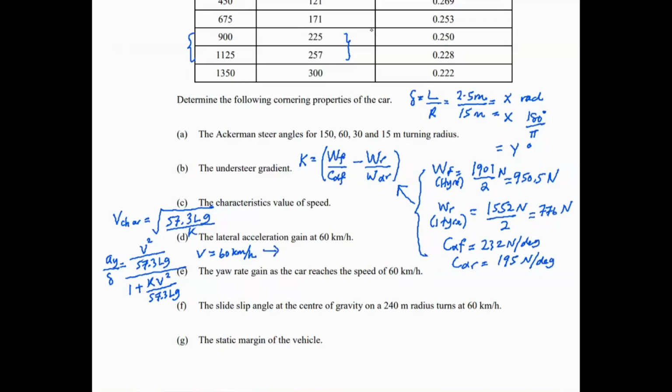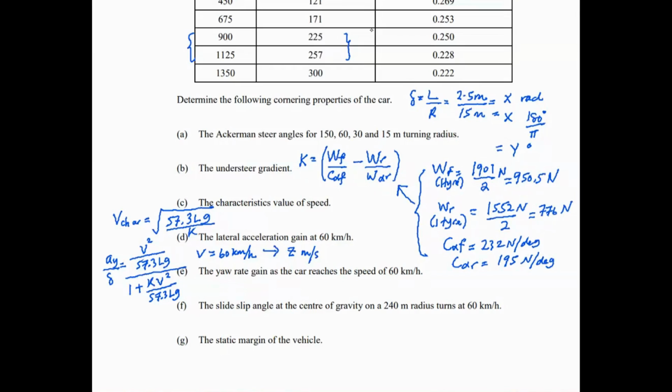For example, z is the value in meter per second. So you just plug in the speed, wheelbase, gravitational acceleration, understeer gradient into this equation. So you can solve the lateral acceleration gain at 60 km per hour.